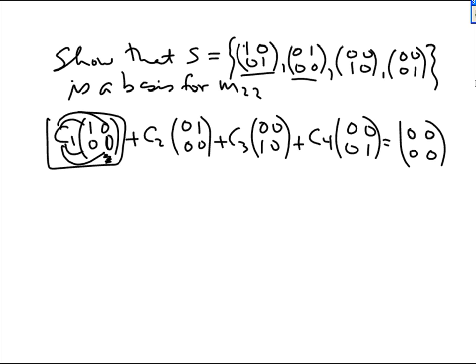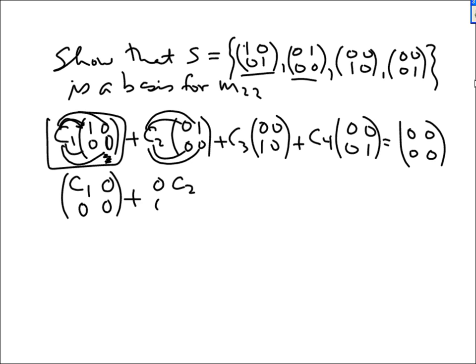Multiply each entry in the matrix by C1. So C1 times 1 is C1, and then the others will be 0. Plus C2 times 0 is 0. C2 times 1 is C2. C2 times those zeros in the bottom are zeros.